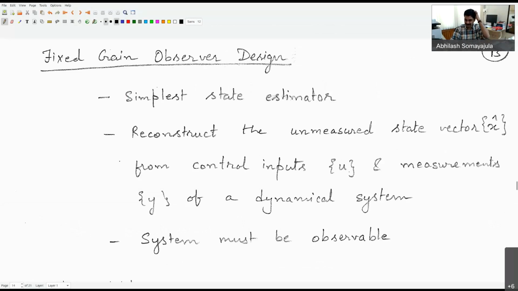So the first one which we'll discuss is called the fixed gain observers. These are simple state estimators and they can reconstruct the unmeasured state vector of the vessel from the control inputs and the measurements of a dynamical system. Which means that let us say that you are looking at the heading control problem, then the idea is that if I only know the measurement, let's say I'm only looking at a compass measurement, okay, so I know what is the yaw angle, and I know what are the rudder angles that I'm applying over a certain time, can I estimate the full state vector of my vessel?